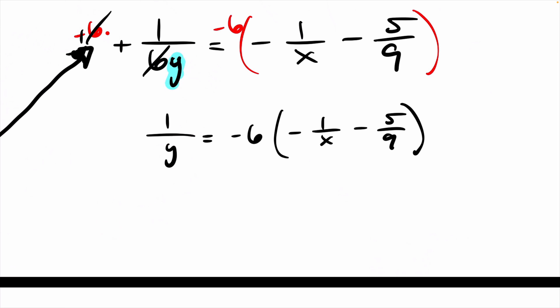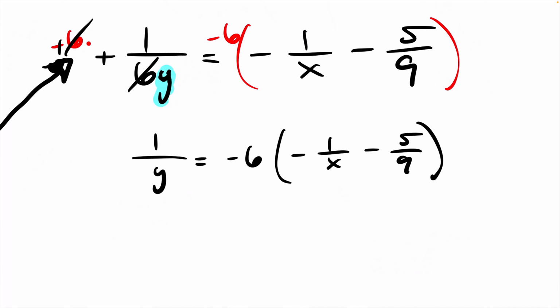Make y multiply itself. So what do I multiply both sides by? Y over 1. So I'm going to put the y there. What am I going to get on the left side?